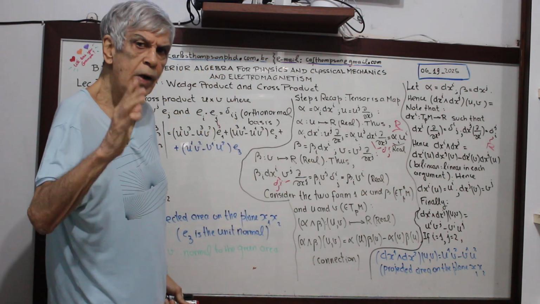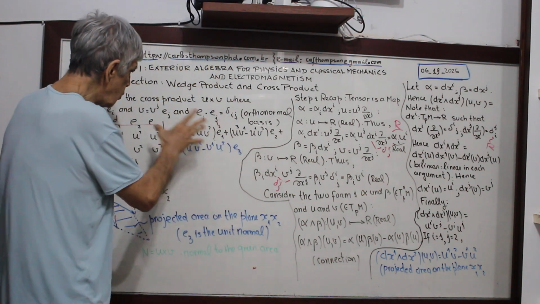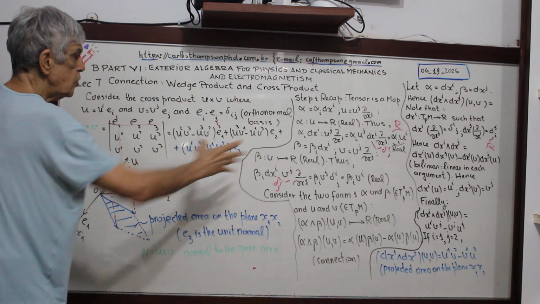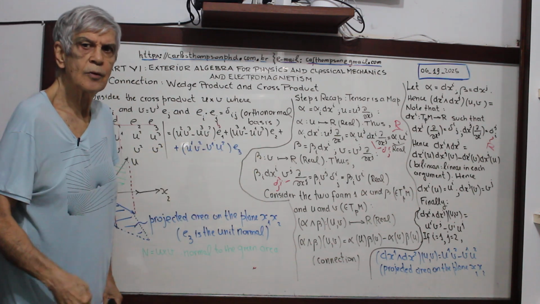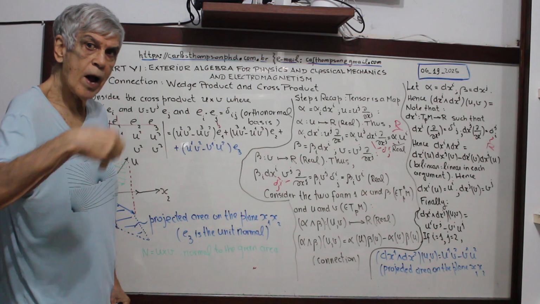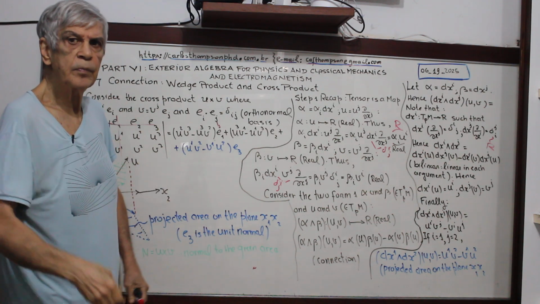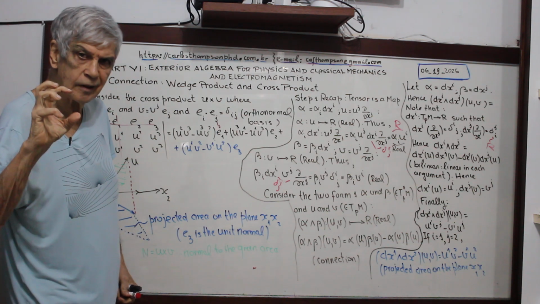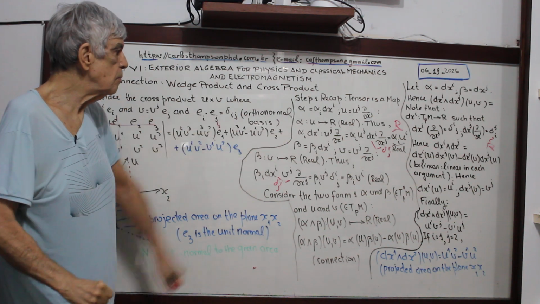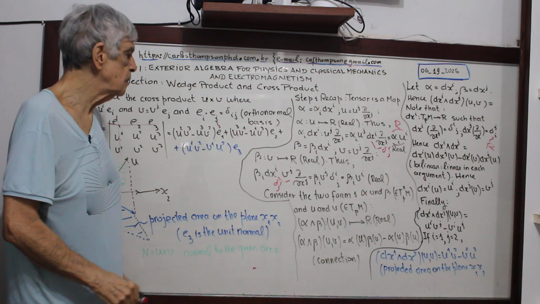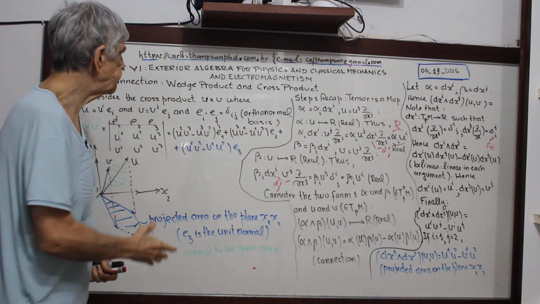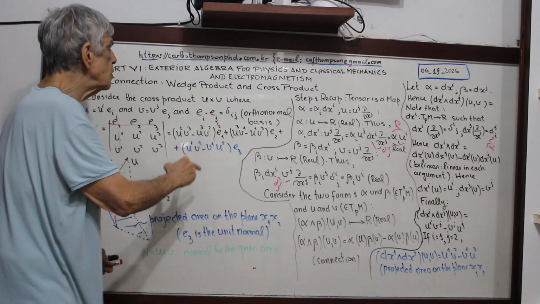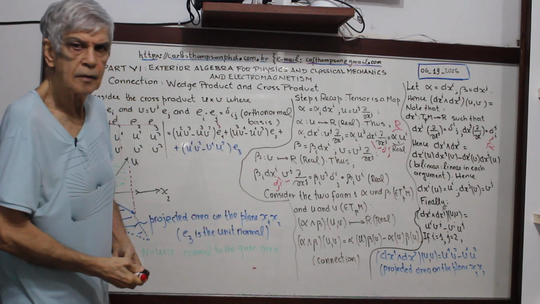Again, I recommend you copy everything here, try to write and study, and try to do it by yourself. Then you're going to grasp this important concept, the connection between the wedge product and the cross product. That's okay.